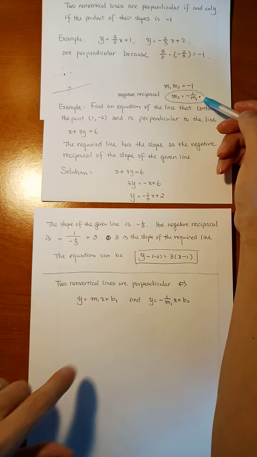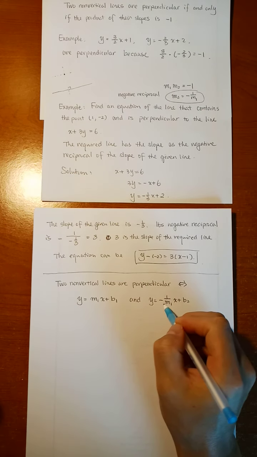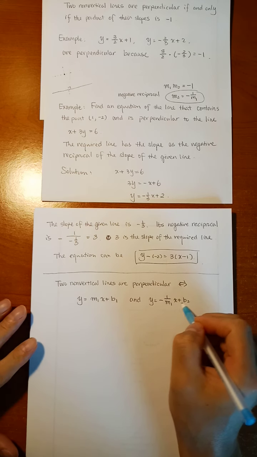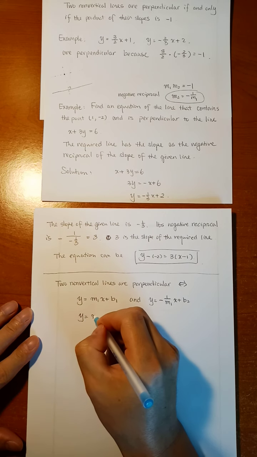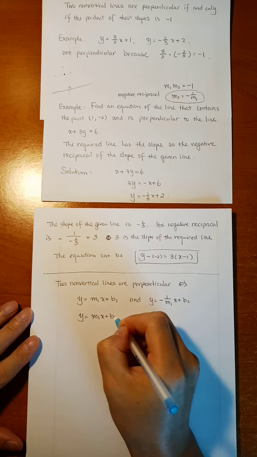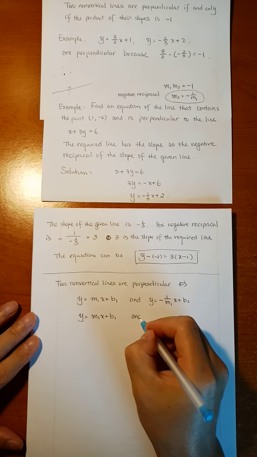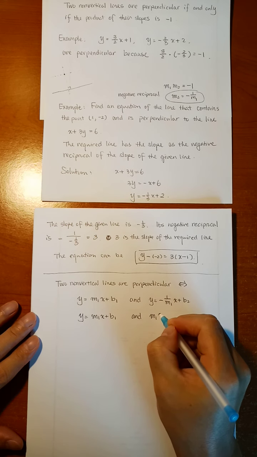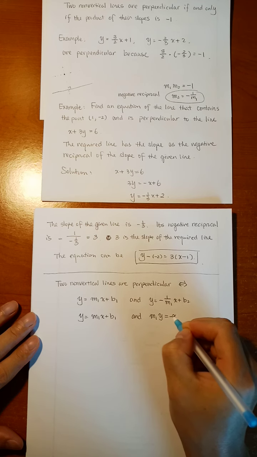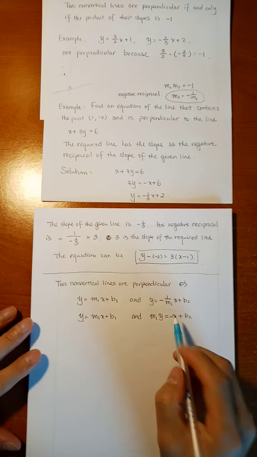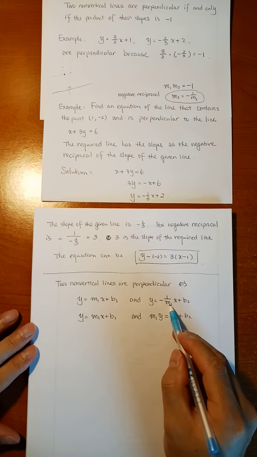So this is m2. I don't want this denominator, so we multiply this equation by m1.